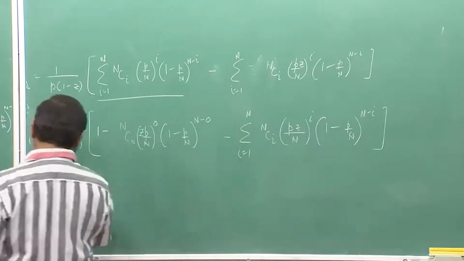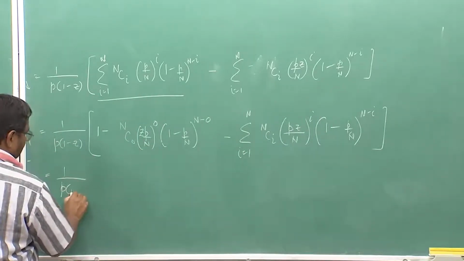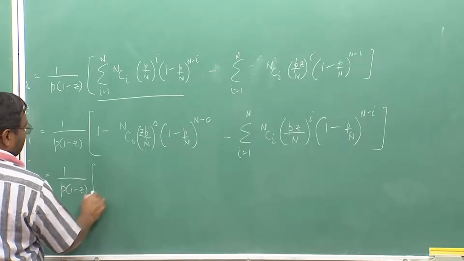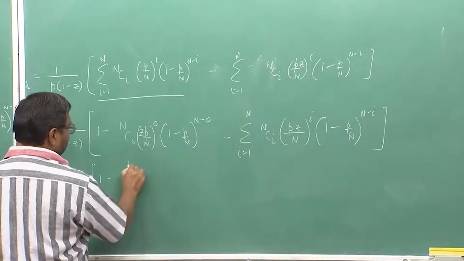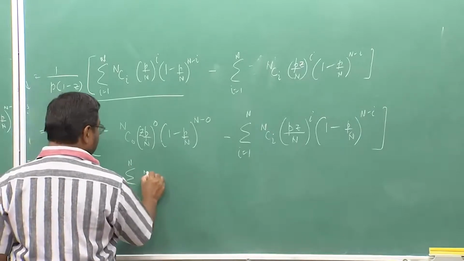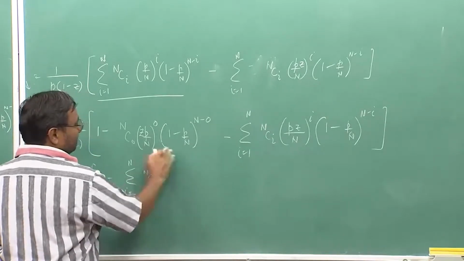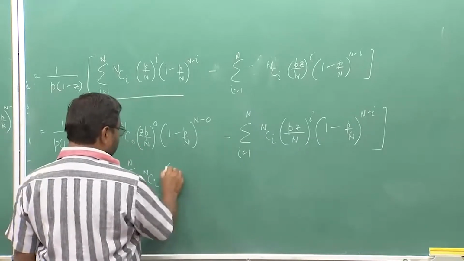So this will turn out to be nothing but 1 over p 1 minus z, 1 minus summation of I goes from 0 to n. So I am actually including this term also inside the summation.